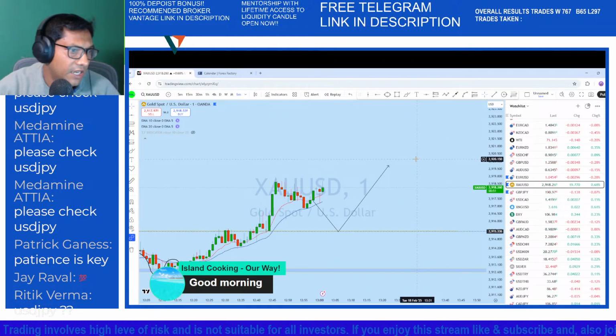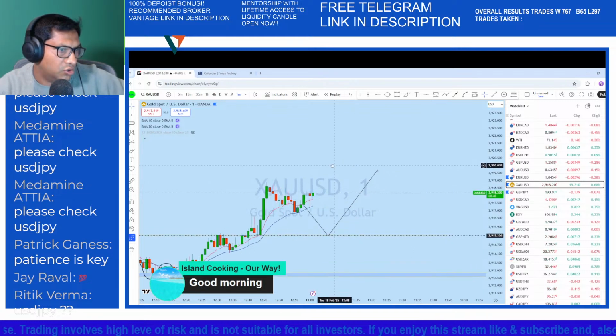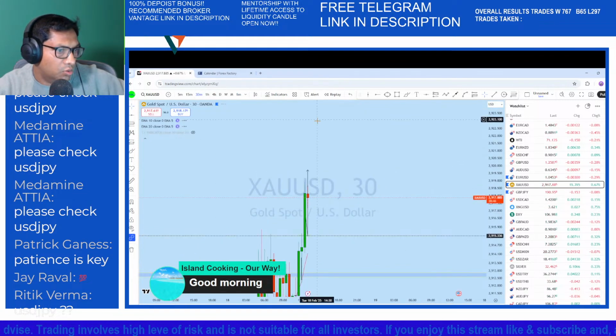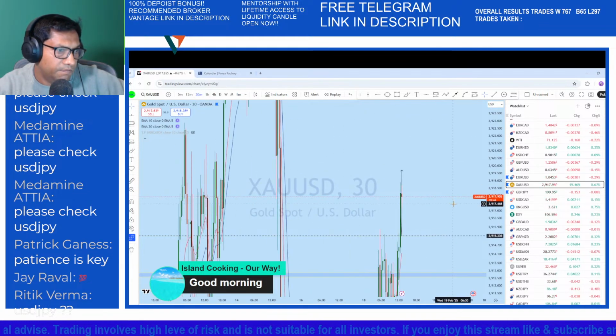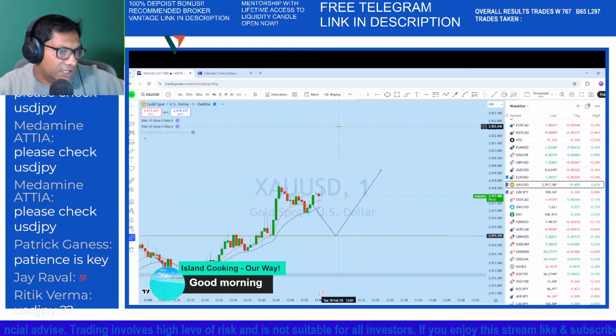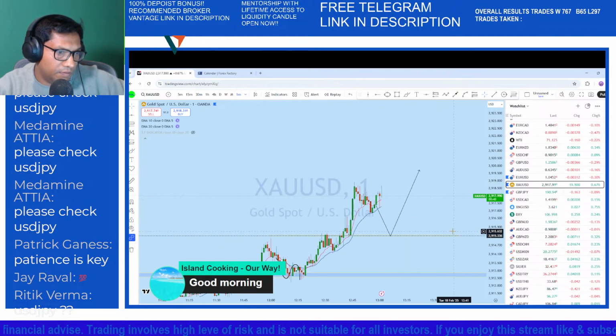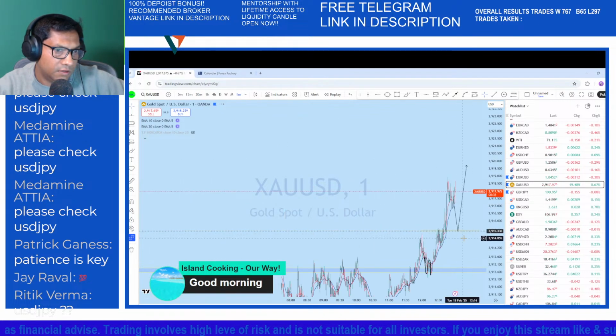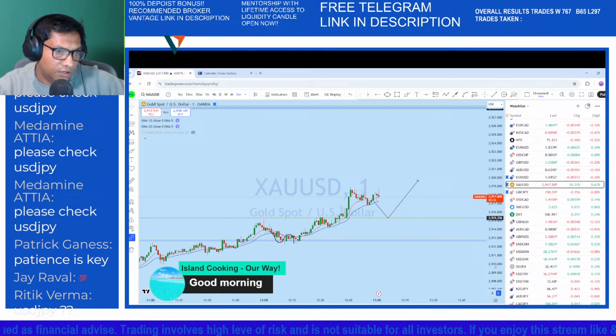Okay, so you can see a potential inverted head and shoulders formation on the 1 minute chart on XAUSD. So let's see if we can find an entry here.